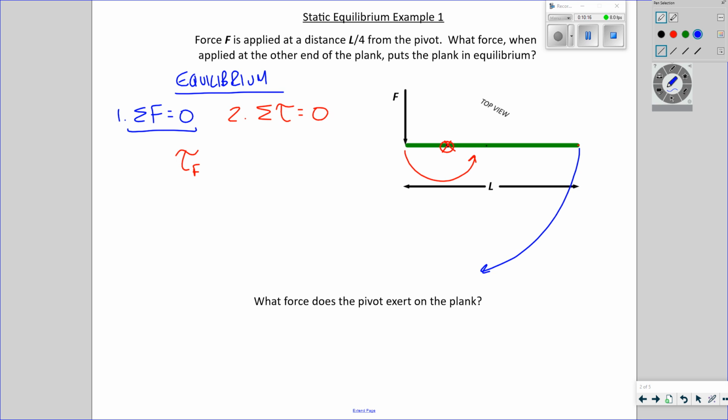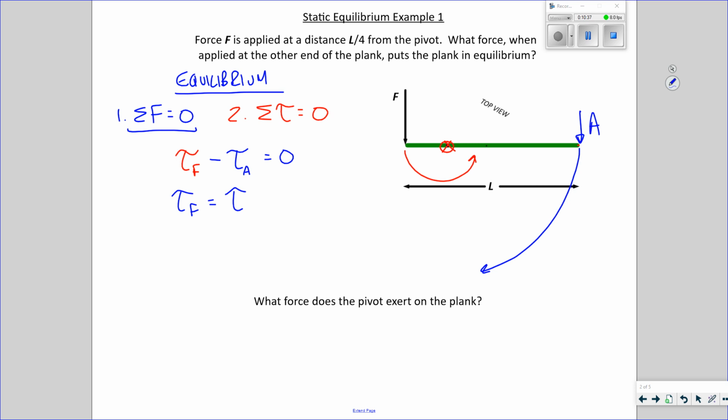And so there's a force, let's call it A, that looks like that. So what we need is the torque from F minus the torque from A equals 0, or the torque from F and the torque from A have the same magnitude.